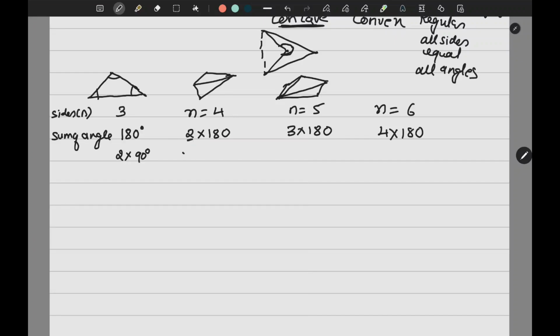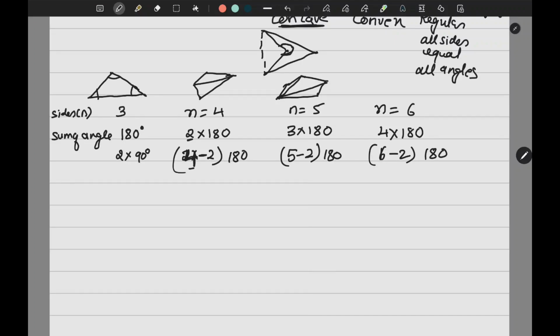So I can write it as 2 into 180, which can be written as (4 minus 2) into 180. There is a reason why I took 4. Same way, this is (5 minus 2) into 180, and this is (6 minus 2) into 180.